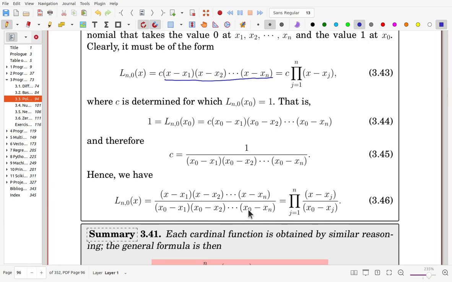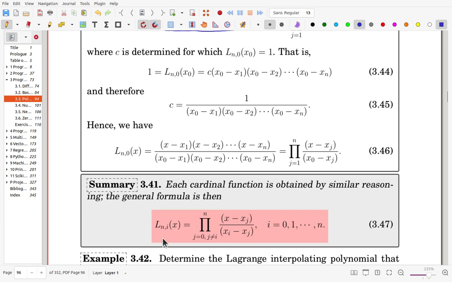Now for other points, Ln,i, it is now point xi. So we make a product, but it cannot have x minus xi. So j is moving from 0 to n in the product, but j cannot be i. And we have x minus xj, and copy it to the bottom, and x is replaced by xi. So in product form, it is given in this way.